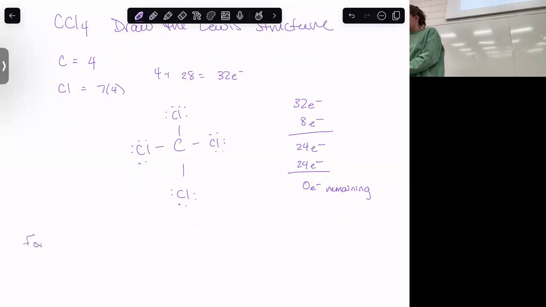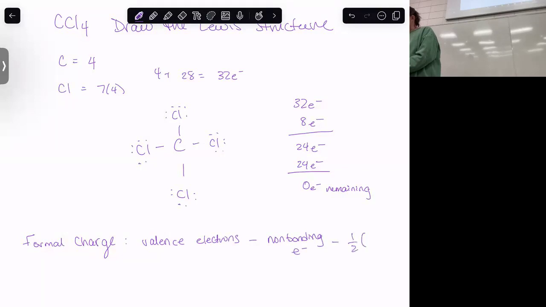Do you remember what the formal charge formula is? Okay, it's totally fine. So that's going to be the number of valence electrons minus the non-bonding electrons minus 1/2 the bonding electrons.